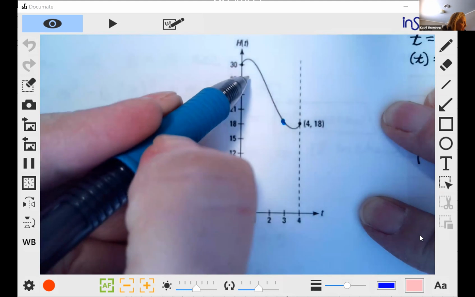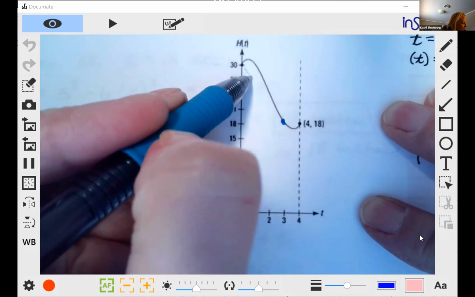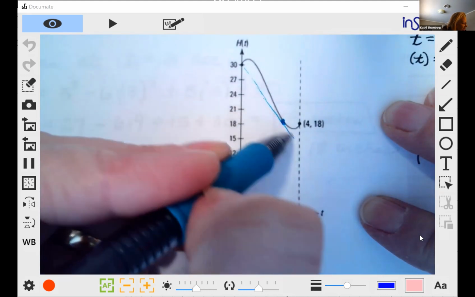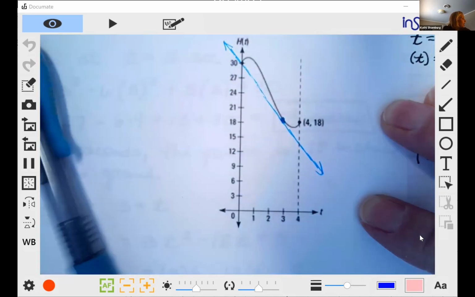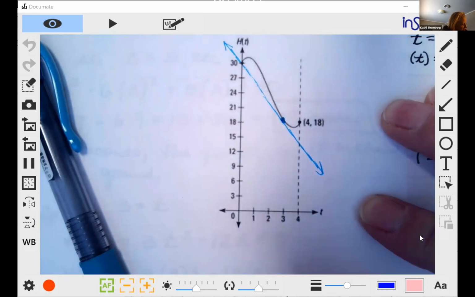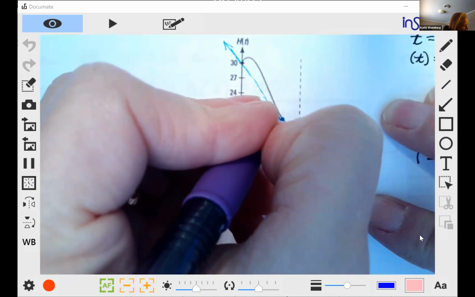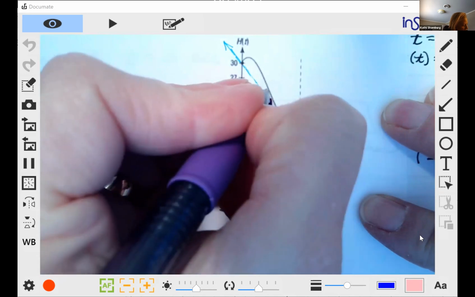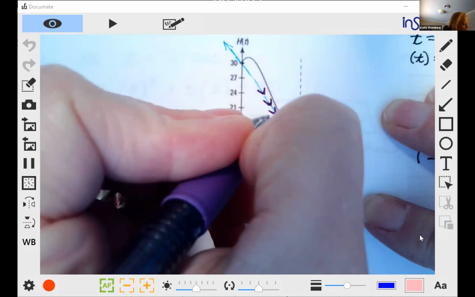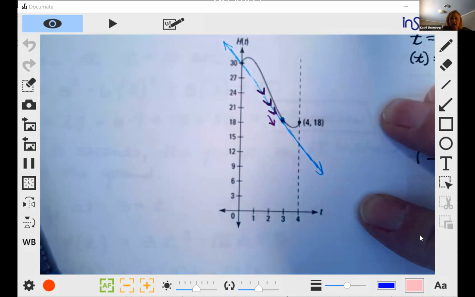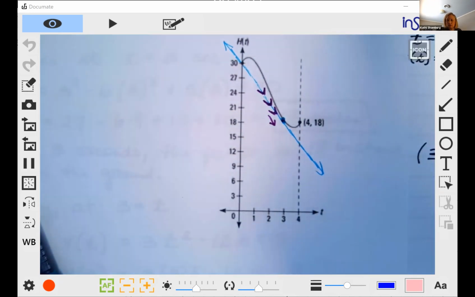So our tangent line, the equation of the tangent line is going to be something right here. So it's saying that -4 is telling us the slope of this. And if you look, this is going downward, right? So at this point, that line is going down, which means it has a negative slope. So that makes sense. So let's take a look at that.